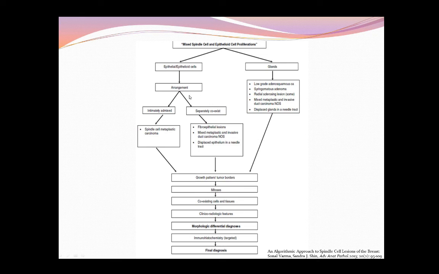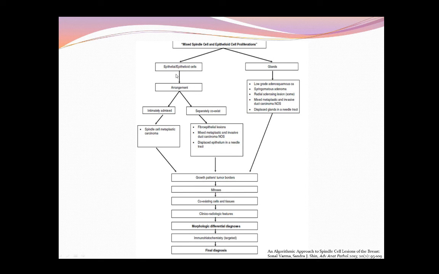which is just the glands that are displaced following the biopsy. Then when there are individual epithelial cells, look at the arrangement. Are these cells intimately admixed or do they just separately coexist? If intimately admixed, the main differential is spindle cell carcinoma. The epithelial cells in the spindle cells can be anything: invasive carcinoma, ADH, DCIS, individual epithelial cells, or some of the cells may show morphology transitioning between epithelial and mesenchymal cells.